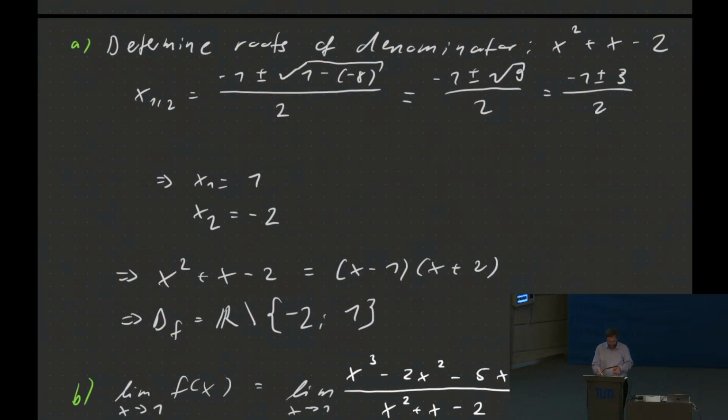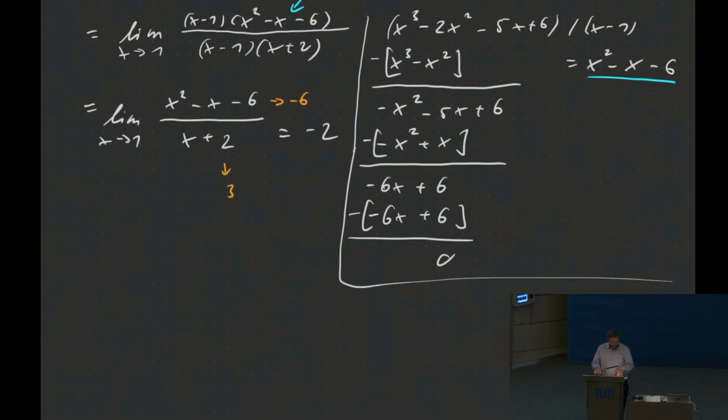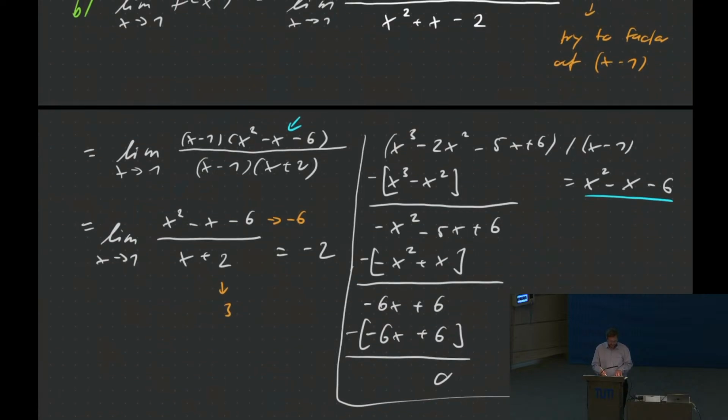From part A, we already know we need to take care of those 2 points here, minus 2 and 1. For 1, we know the limit exists. We just computed it, and it's minus 2. So if we just use that as a function value for our extension, that will be continuous. So we still have to take care of that other point of minus 2 and see if it works there as well.